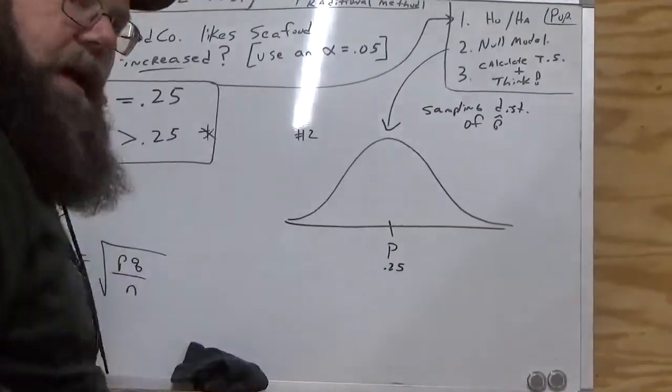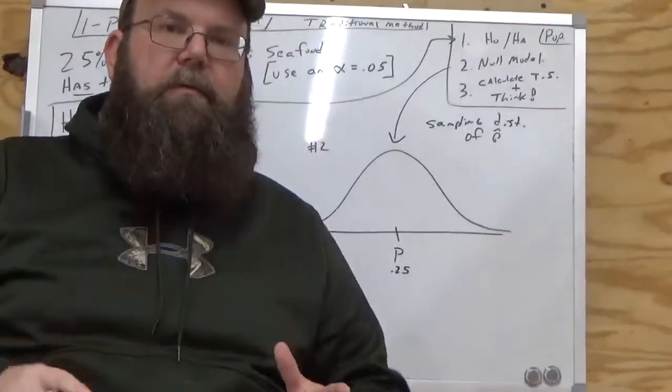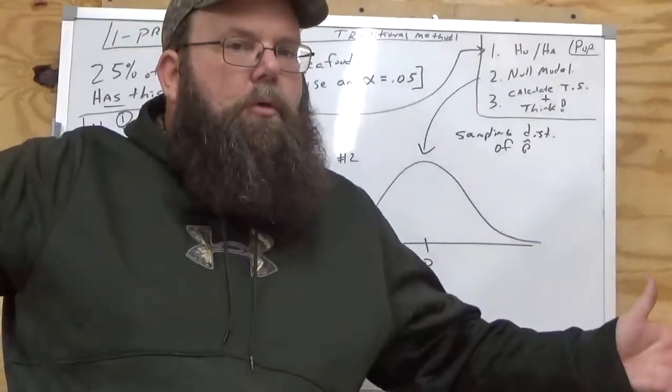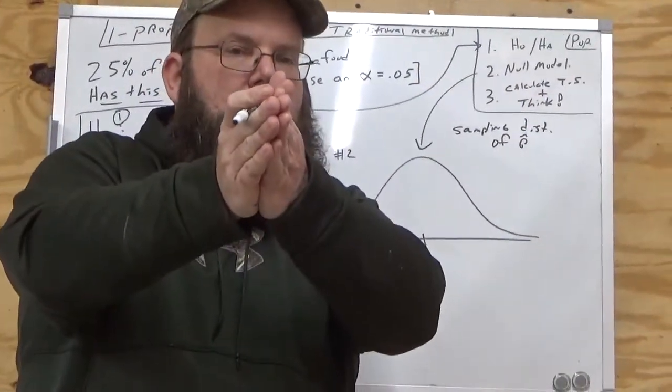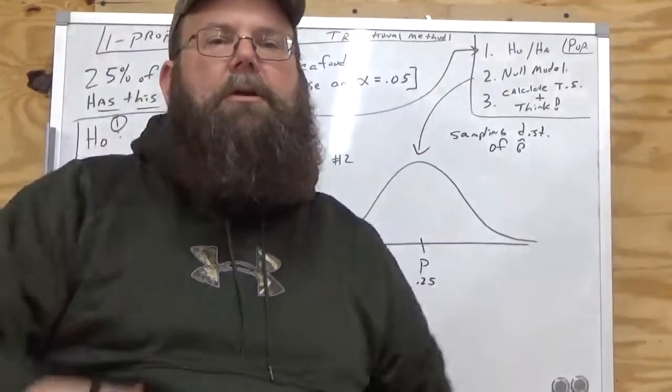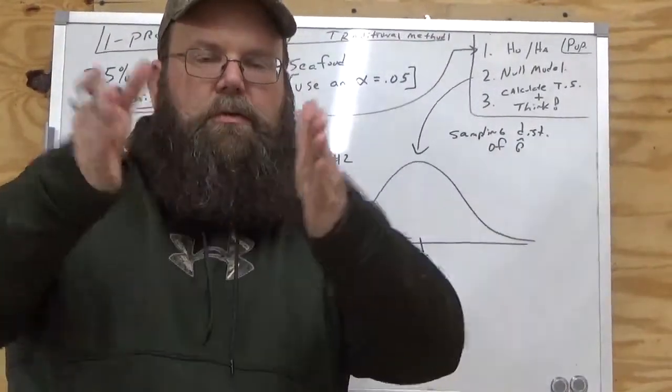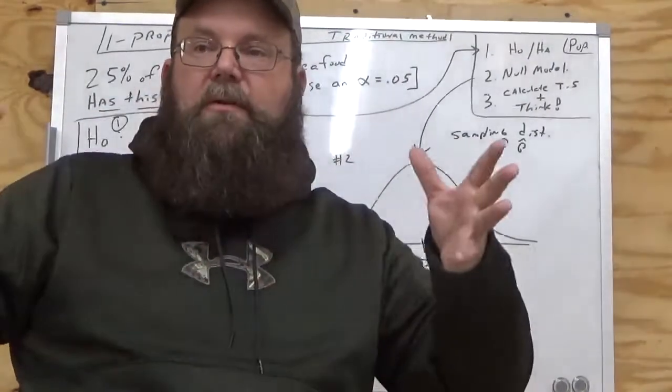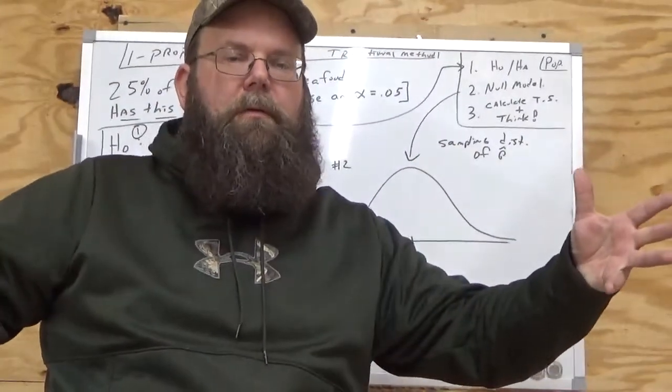Now, what did we always like to do whenever we had a normal curve? Empirical rule, mean. 68, 95, 99. We learned that back in October. We always like to do that. Why do we like to do that? Because it governs everything we do with a normal curve.